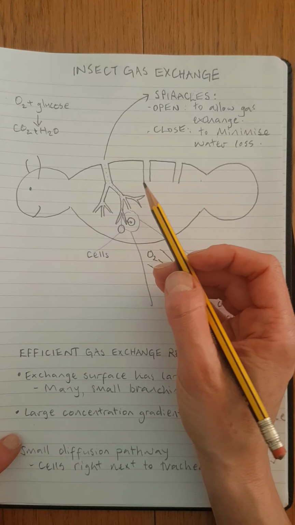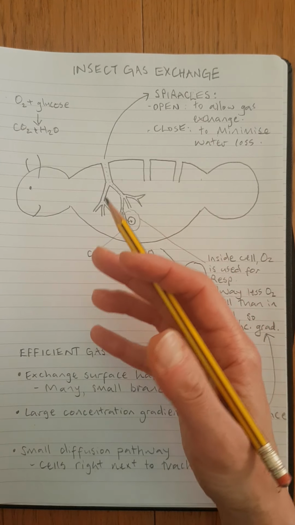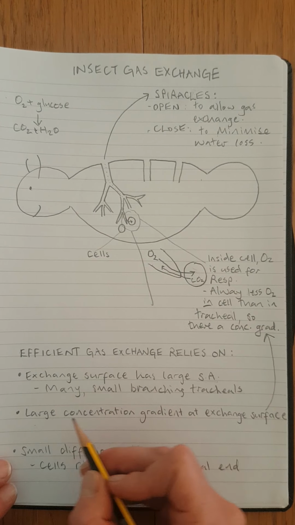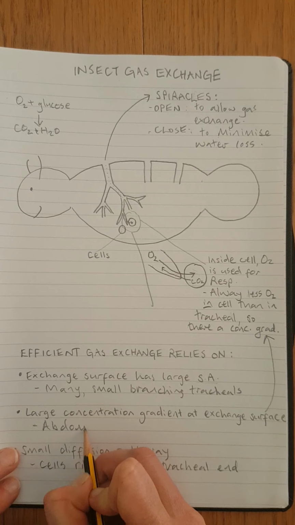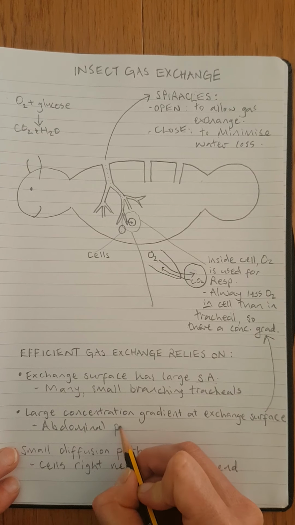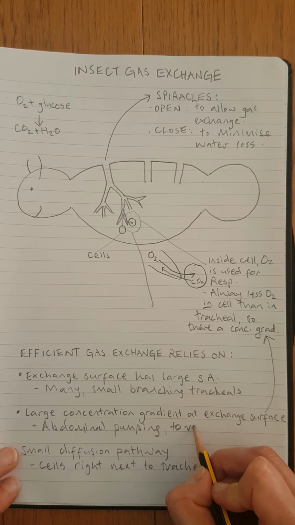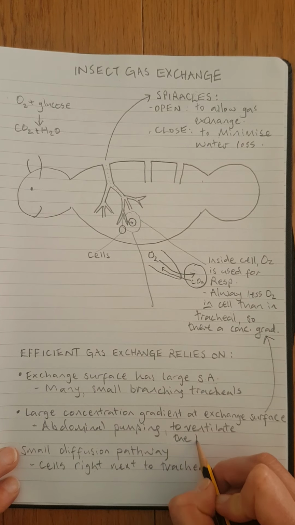So the insects are not breathing, but they can change the air inside the tracheal system by pumping their abdomens. So we can write down abdominal pumping. So it's just the movement of the abdomen to ventilate the tracheal system.